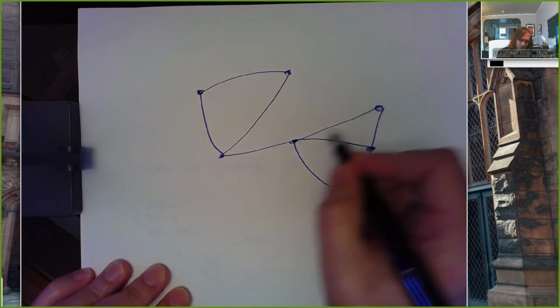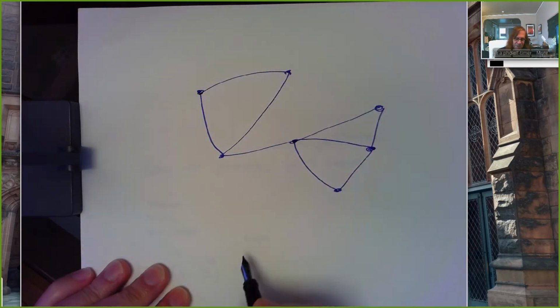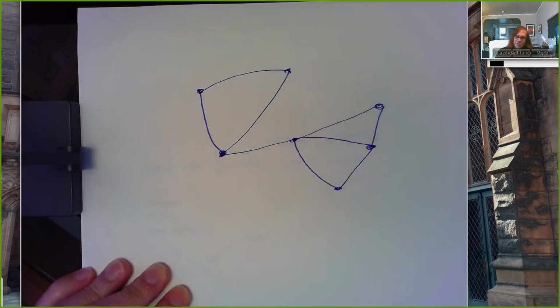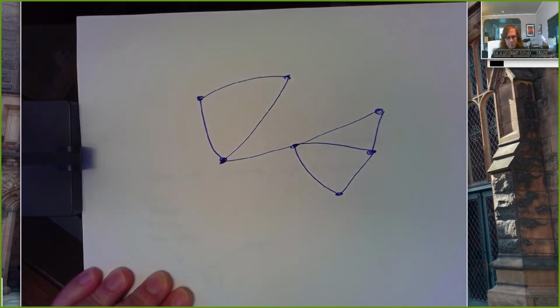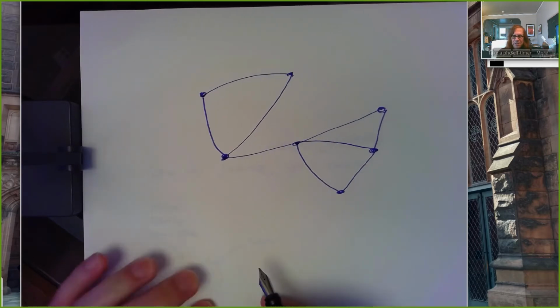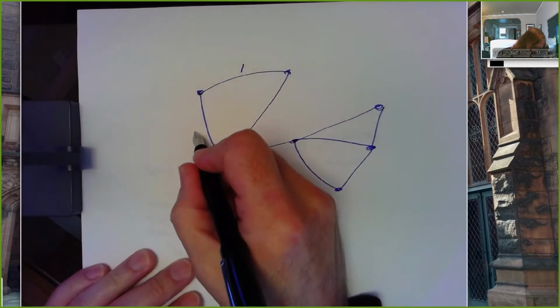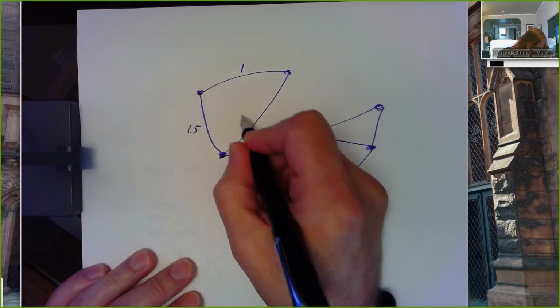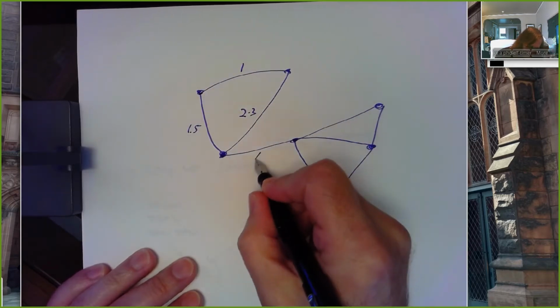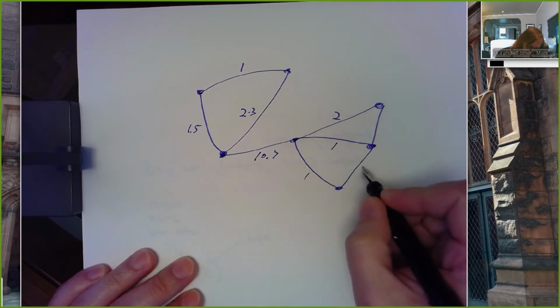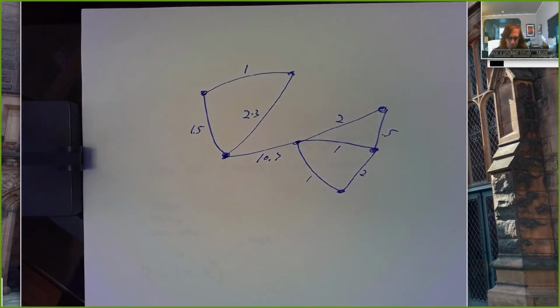And these might be roadways connecting them. And you can see there's one road connecting this set of cities to that set of cities. And we might weight these edges with distance. So this is 1 mile and 1.5 miles and 2.3 miles, and this is 10.7 miles and 2112.5. So we could represent distance like this.